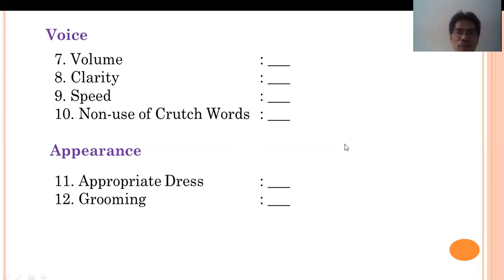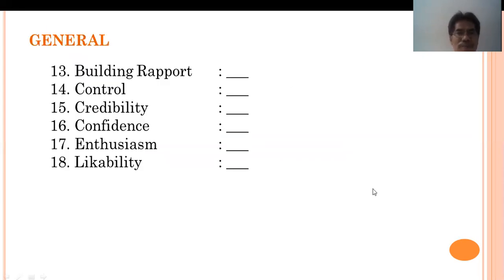If you think that your words are not so fluent, you use crutch words in that case. Now the appearance: appropriate dress, grooming, and the like. You score here.